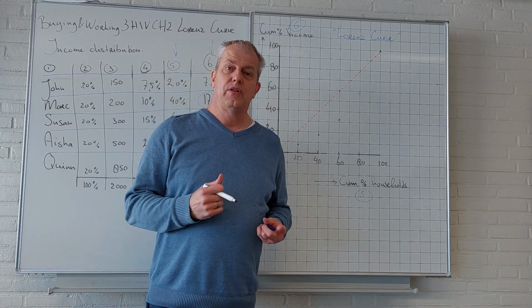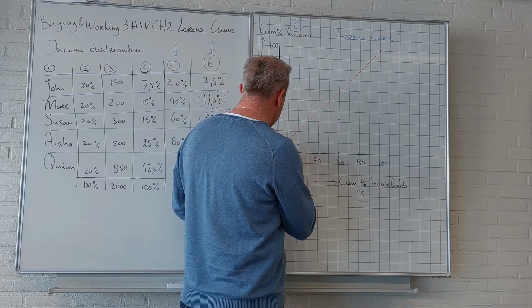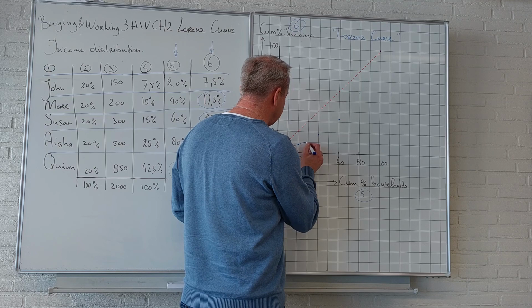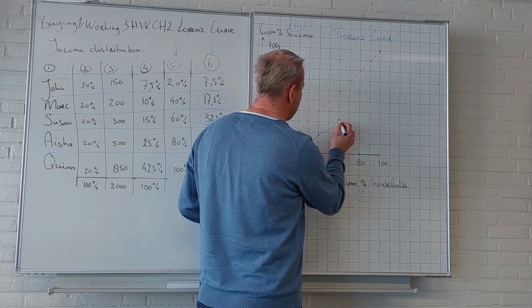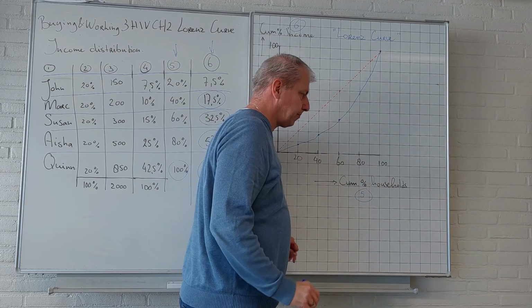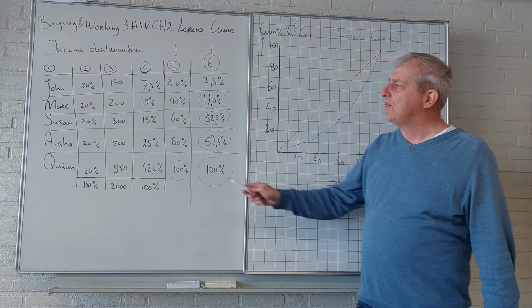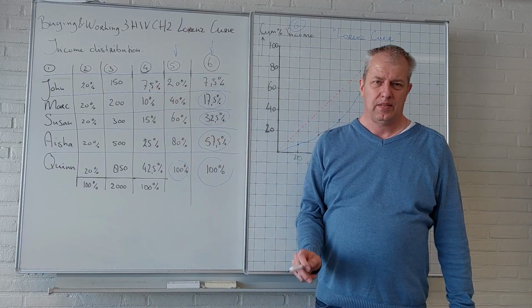Now, the thing that you do is you connect all the dots and then you get the Lorenz curve. So I'm going to connect the dots for you. Try to make it as smooth as possible. So what we see here is the Lorenz curve of these 5 people.